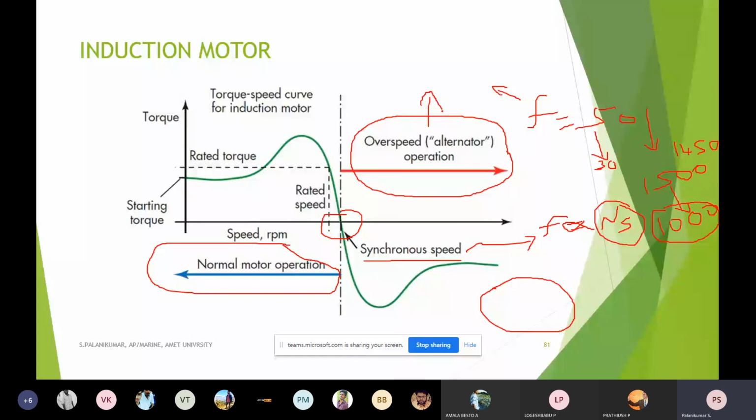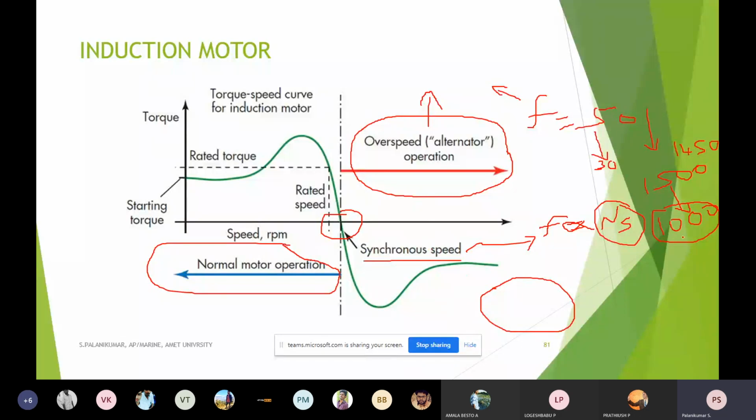That's what I told you. When we employ the induction motor, especially in electric vehicles and hybrid electric vehicles, whenever I change the frequency, the synchronous speed also changes simultaneously. But the motor will not immediately come to the lower speed, because the actual motor speed always has some slip.